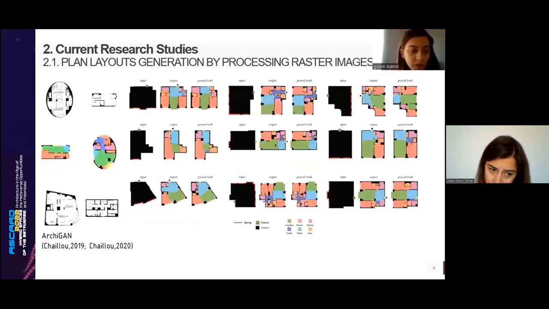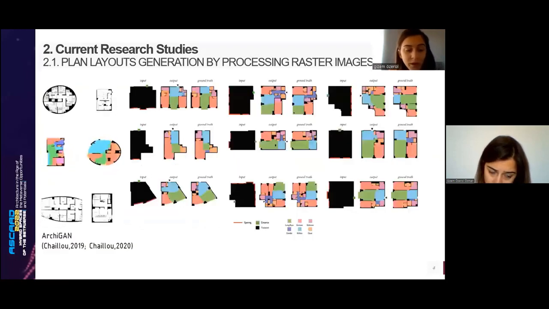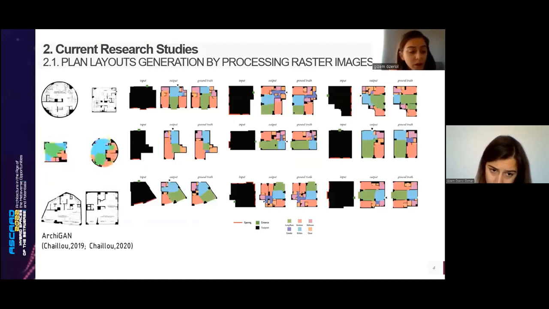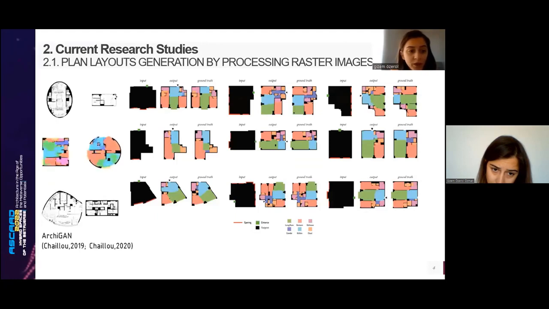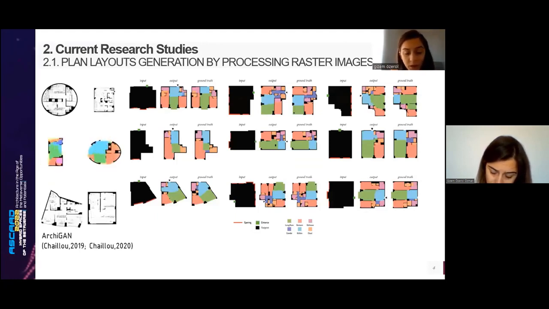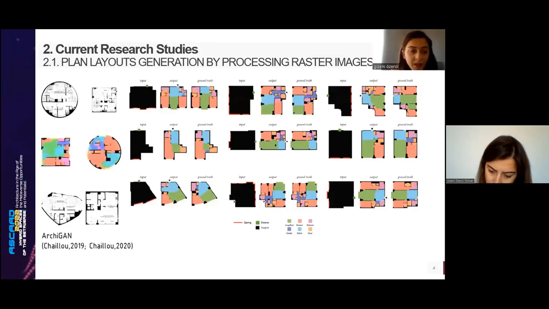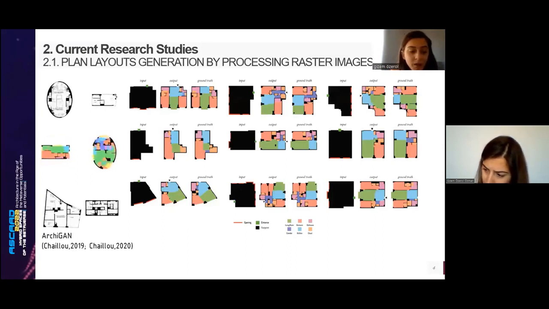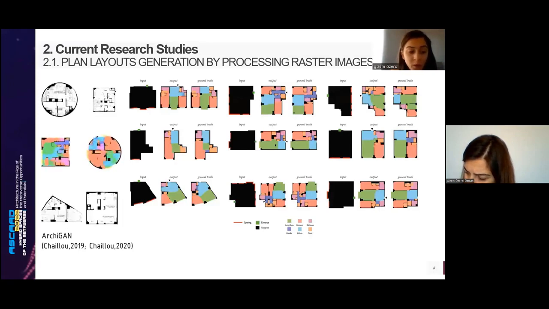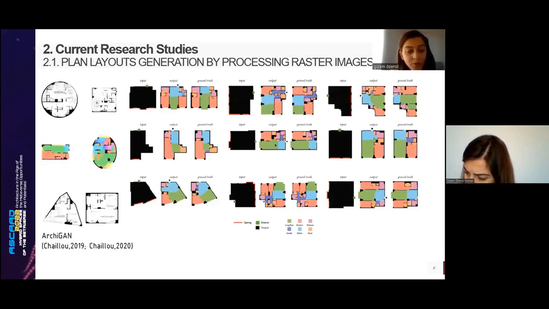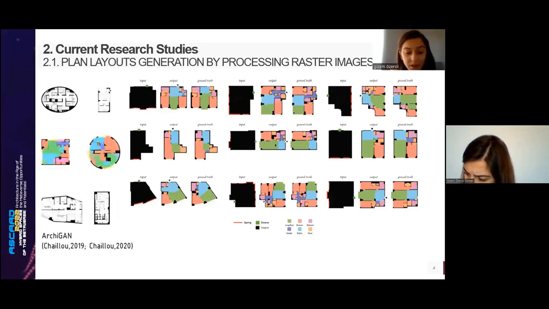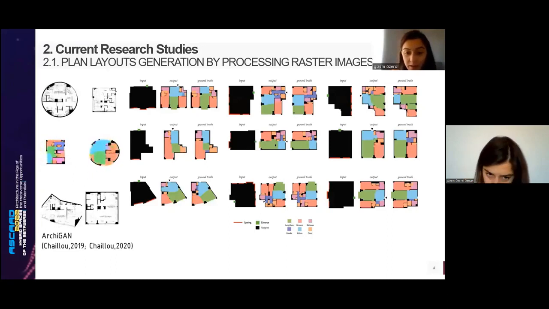Another important study belongs to Chaillou, 2019 and 2020, who provided segmentation of plan layouts over raster images by using the Pix2Pix algorithm. This work was provided for the generation of plan layouts and also for parcelizations on the urban scale.